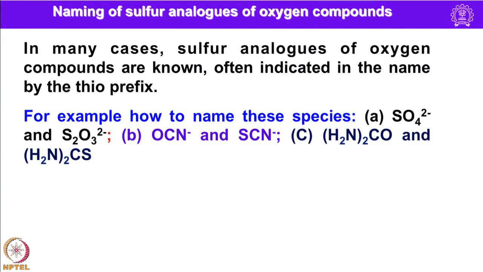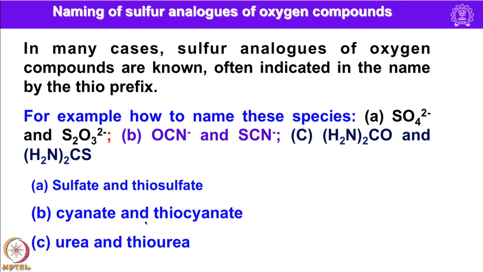Then OCN minus, and if you replace O with S, it becomes SCN minus. Similarly urea, if you replace O with sulfur, it will become thiourea. So, you can name sulfate and thiosulfate, cyanate and thiocyanate, similarly urea and thiourea, and phenol, if you replace O with S, it becomes thiophenol.